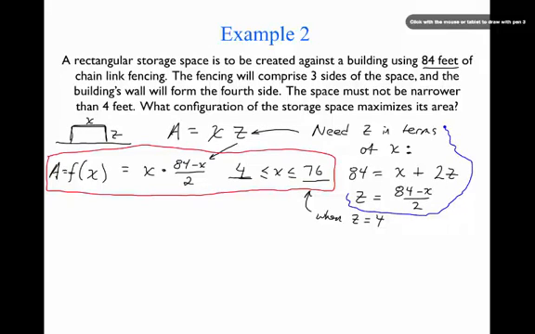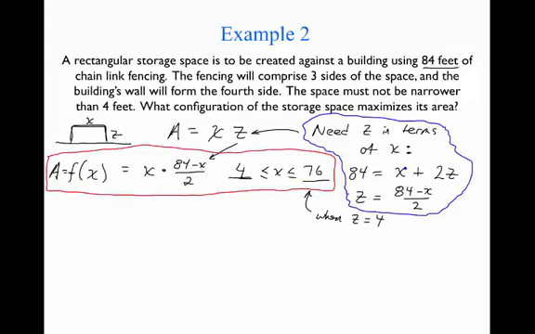It's necessary for the function. So this is like setup work, okay? It's not that these two are of equal importance. The importance is the function, and to build that function, we're using this little relationship here, 84 equals x plus 2z, to get that function in terms of one variable. So this is supportive of our goal, the main function for the problem.